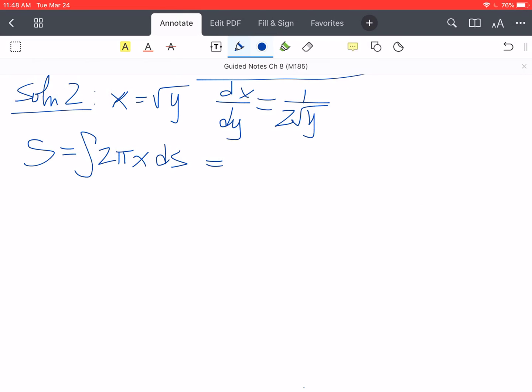Okay, so this is going to be the integral from 1 to 4, because again we're dealing in terms of the y values now, of 2 pi root y times the square root of 1 plus the derivative squared, so that's 1 over 4y. And then the whole thing is dy.